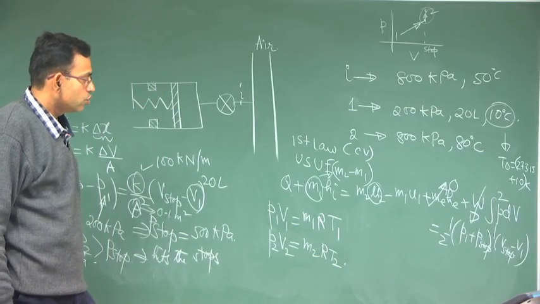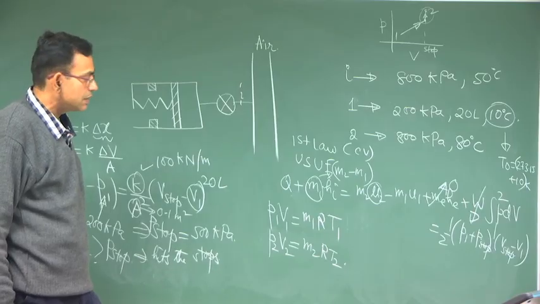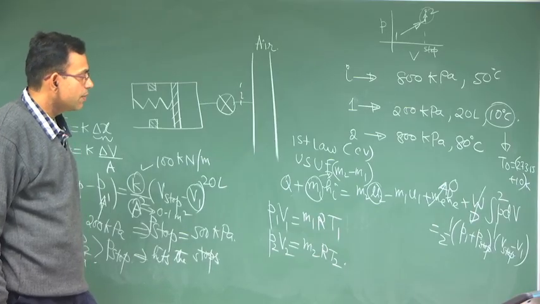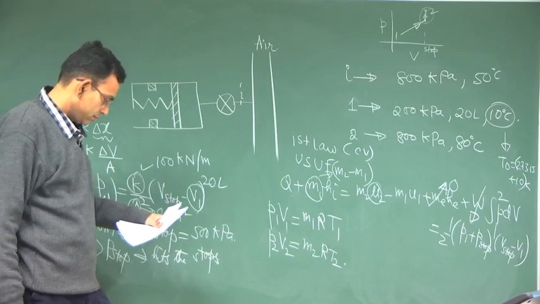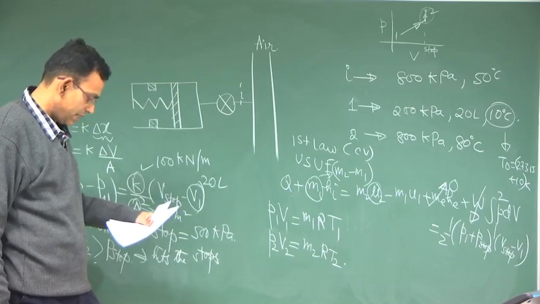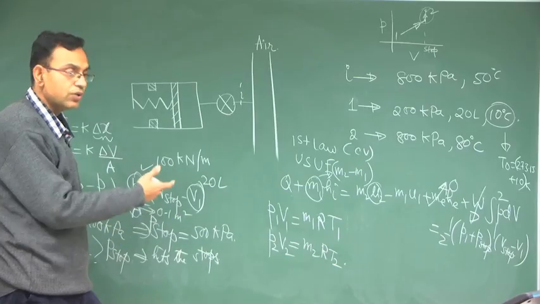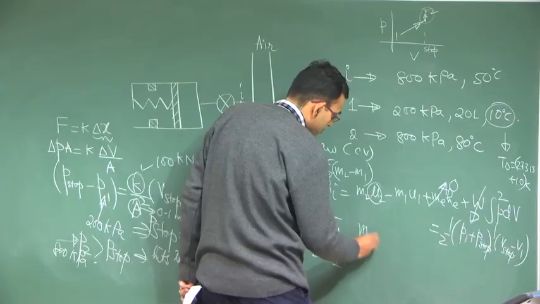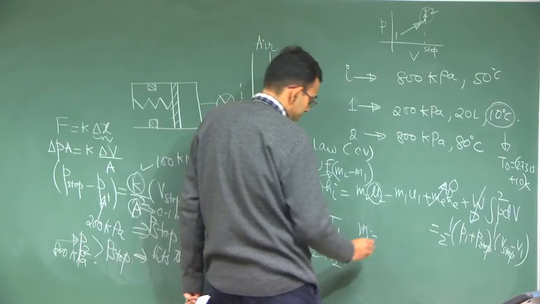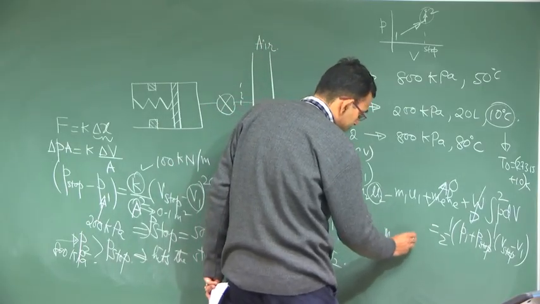Okay. So, from these two you can calculate what is M2 and M1. So, I do not have the data for M2 and M1, but you can calculate this, and Mi is M2 minus M1.